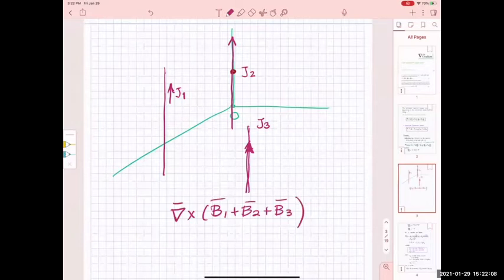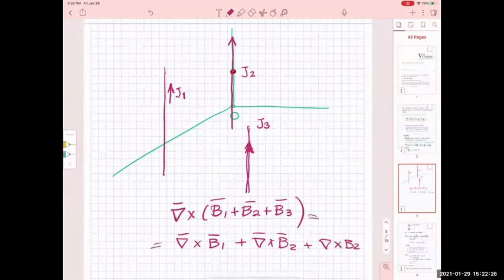And because the curl is distributive, it's going to be this one. So there are two ways of doing this problem. The first line shows you the first way, the second line shows you the second way.